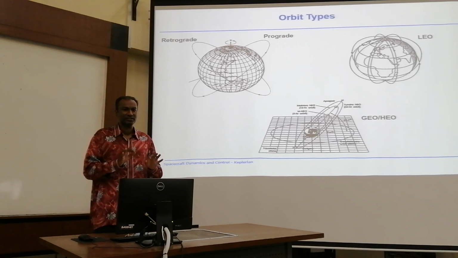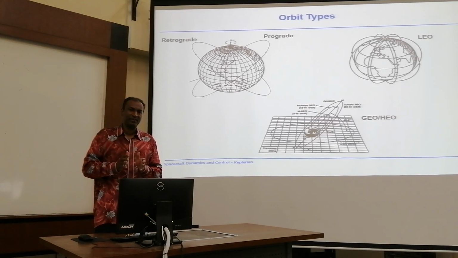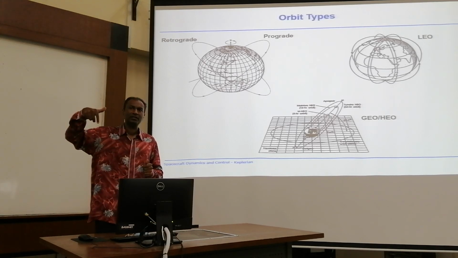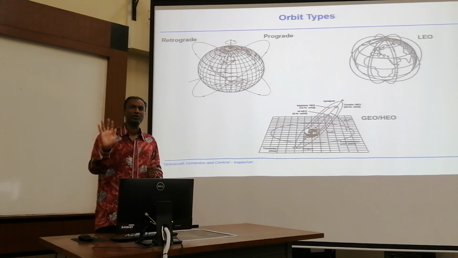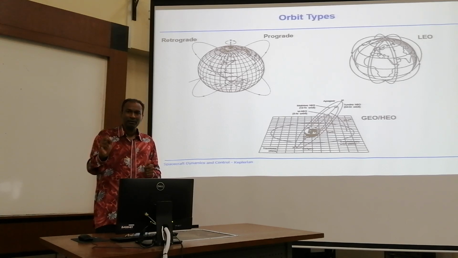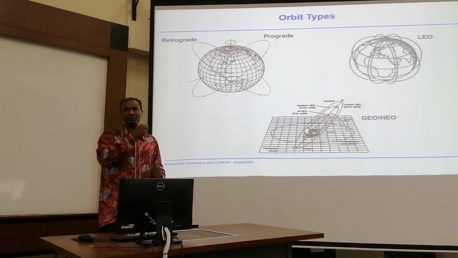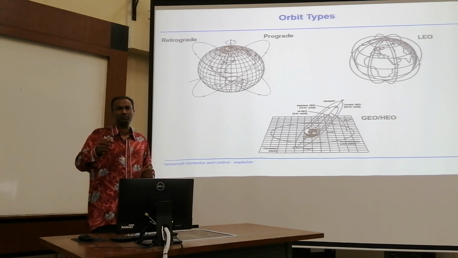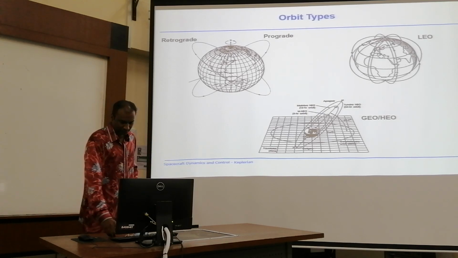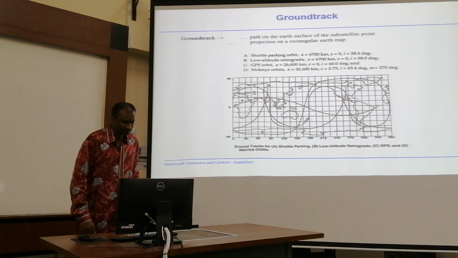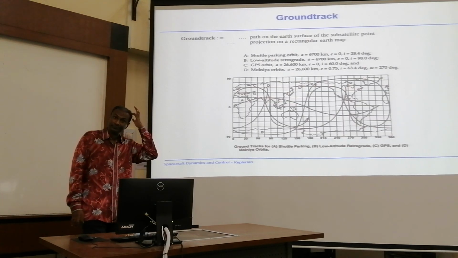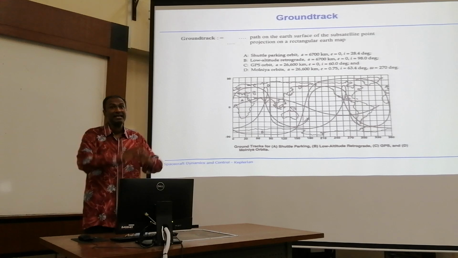Remember in chapter 1 we defined your local vertical, local horizontal, and your body coordinates. That will be applicable for all the orbit types, regardless of where you are. It doesn't change. We have seen ground tracks. You can have any ground track.